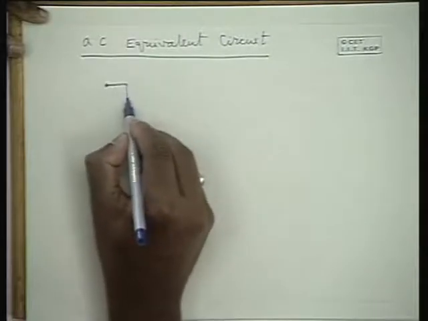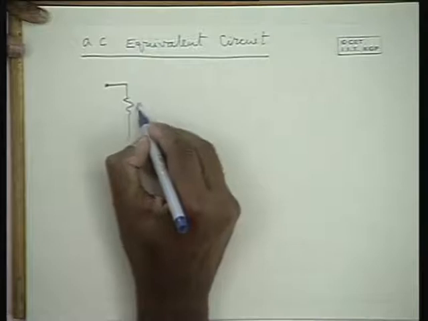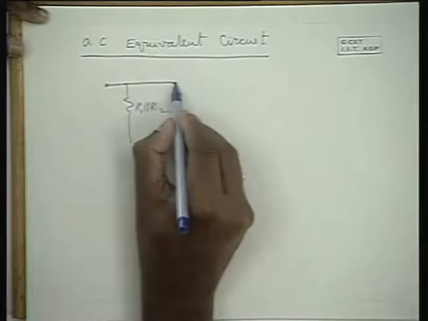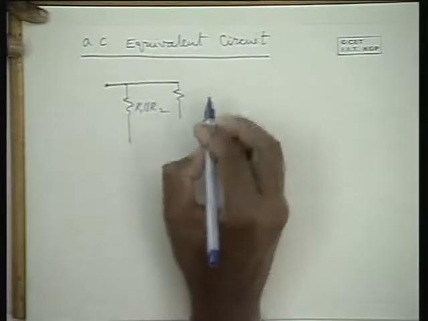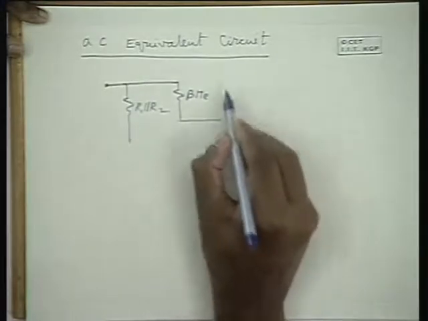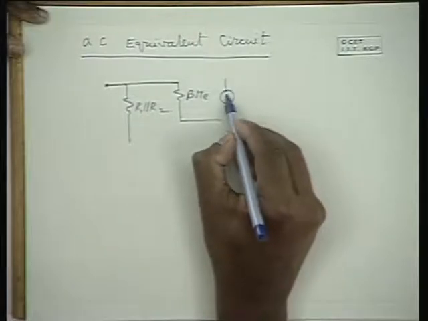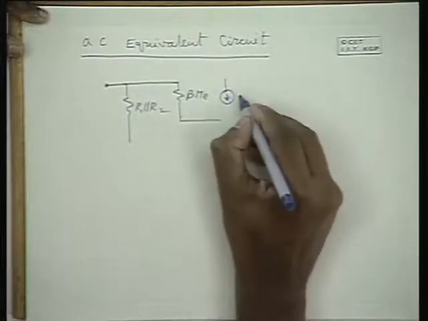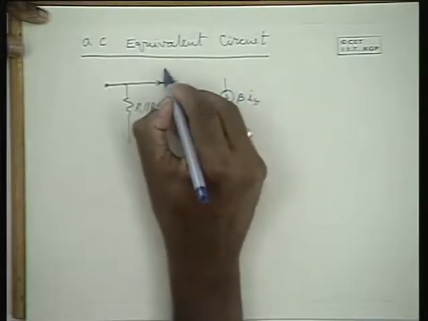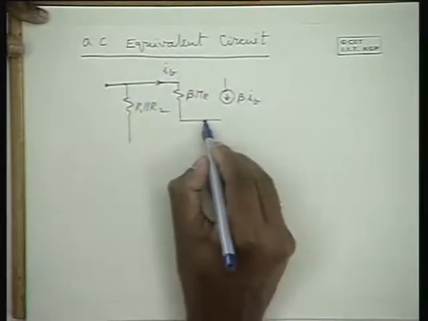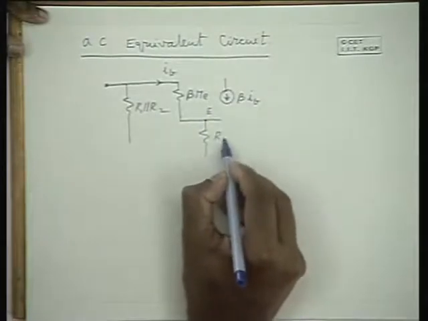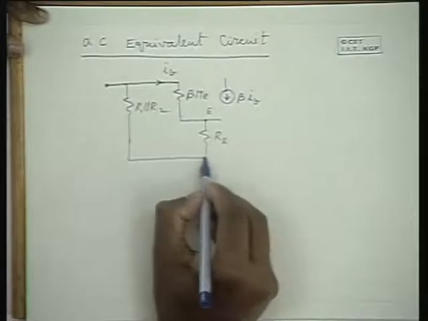Between the input and ground we have R1 in parallel with R2, and between the base and emitter we have beta Re as the resistance, and we have the current dependent current source beta IB, where IB is the base current, and between this emitter and the ground we have this RE, and all these are grounded.